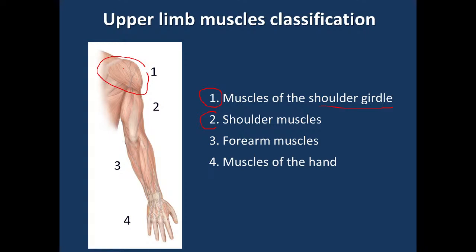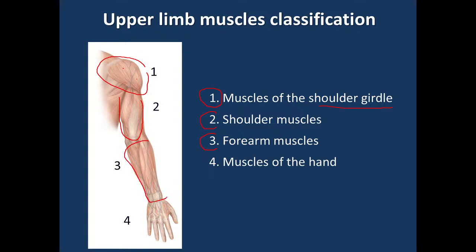Here you see extensors, the muscle named triceps, musculus triceps brachii, or triceps of the shoulder. The third group is the forearm muscles.